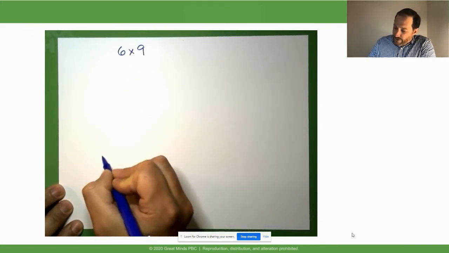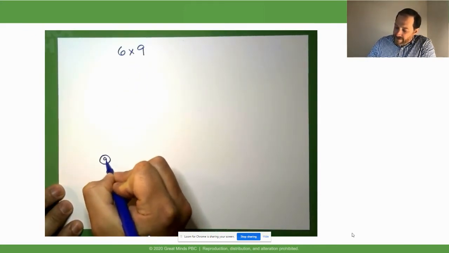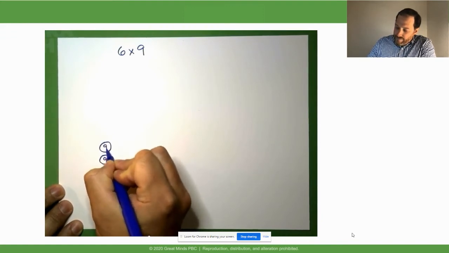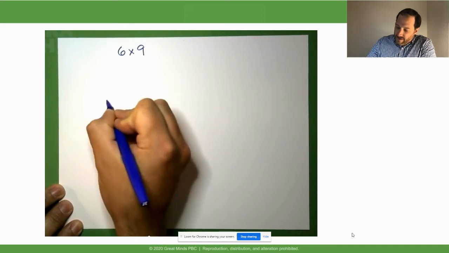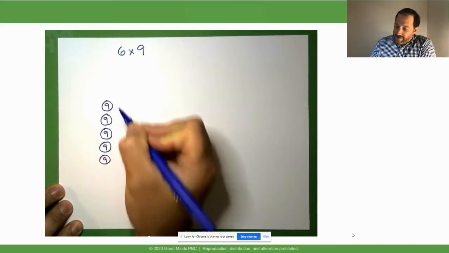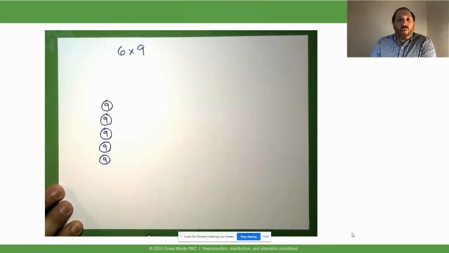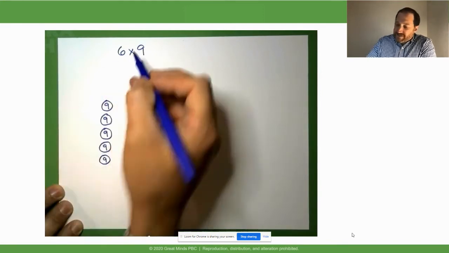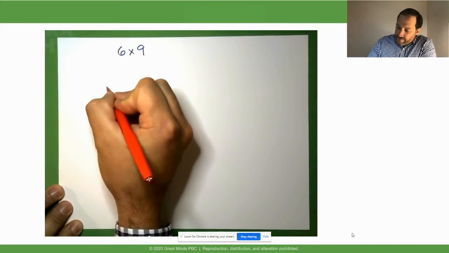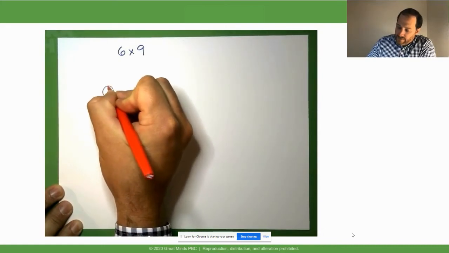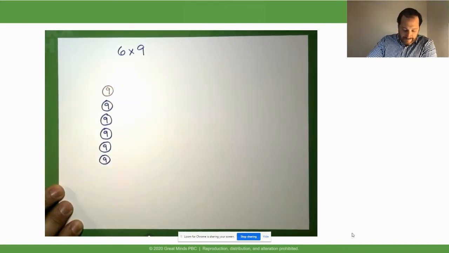I'm going to start by drawing 5 nines. And I know that 5 nines plus one more 9 will give me 6 nines. So I'm going to draw that other 9 in a circle in a different color so we can see that.